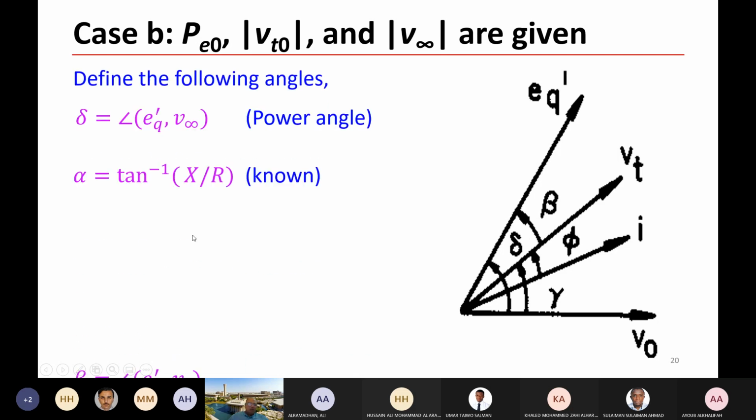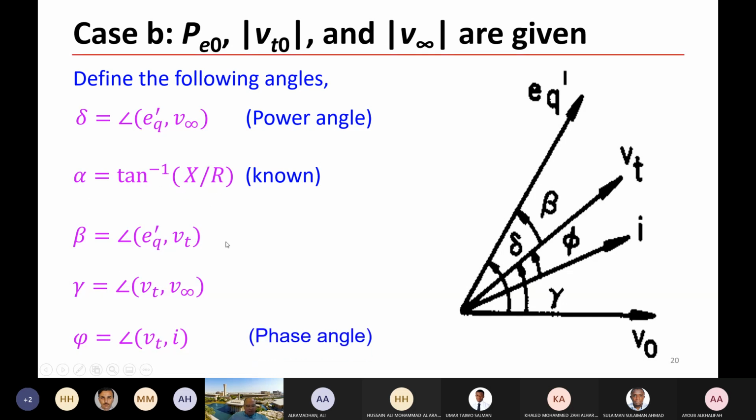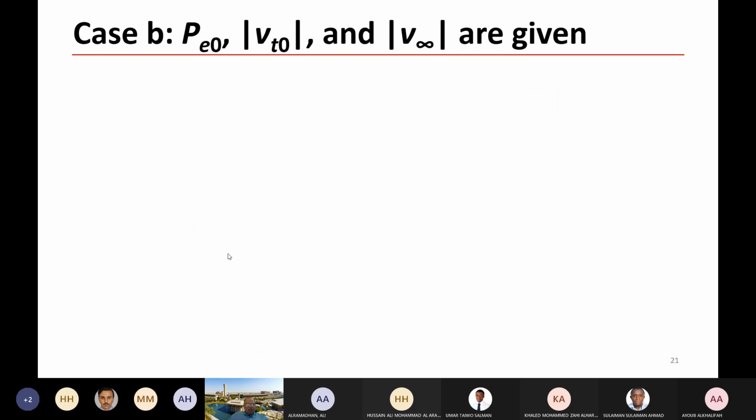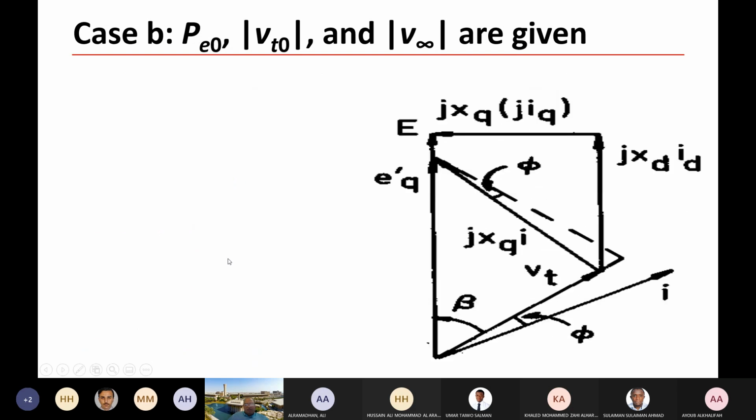Alpha is the angle of the impedance, X over R. Then you can proceed based on this phasor diagram. You have this angle is 90.